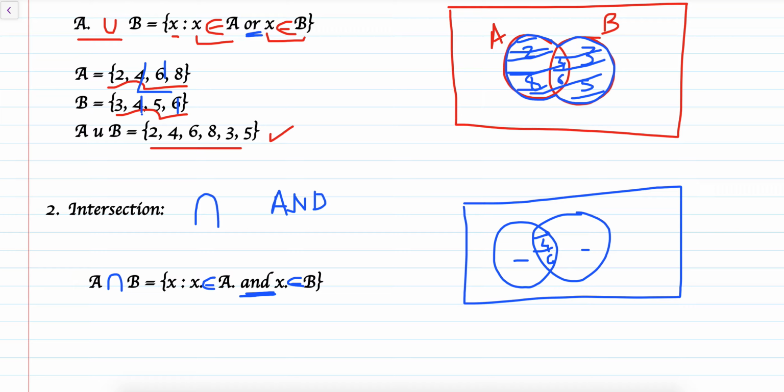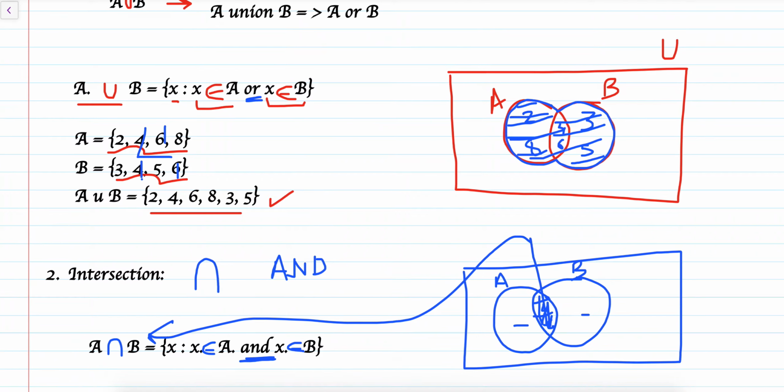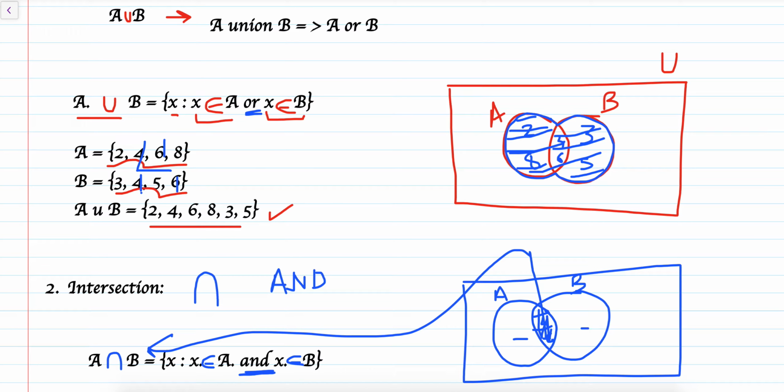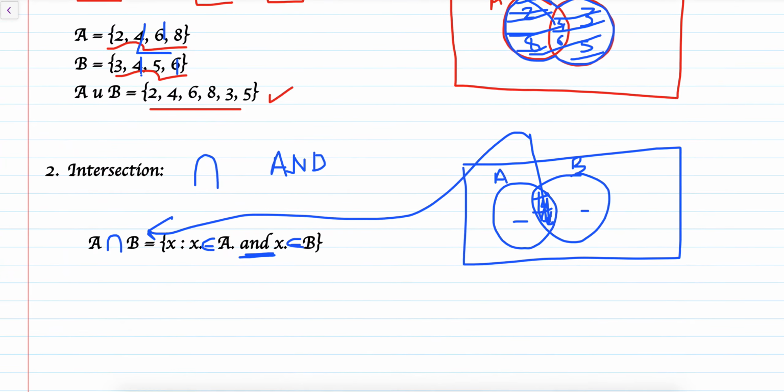So this region we will call A intersection B. And the entire region was A union B.